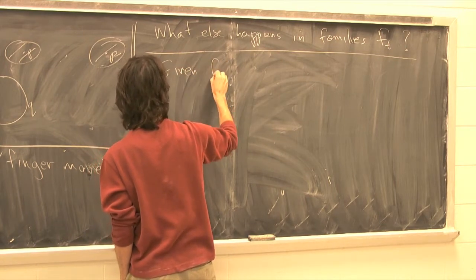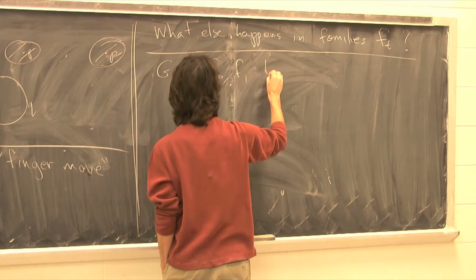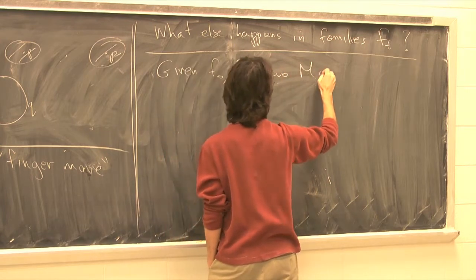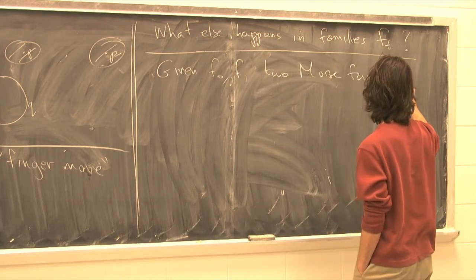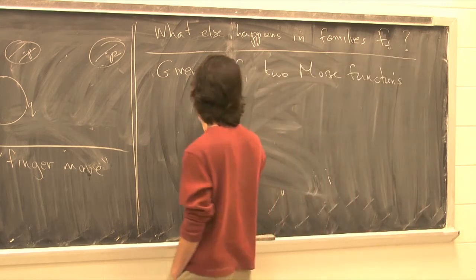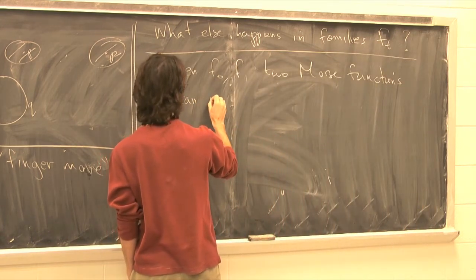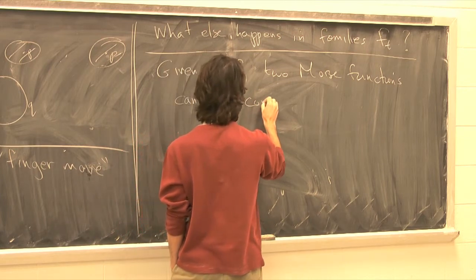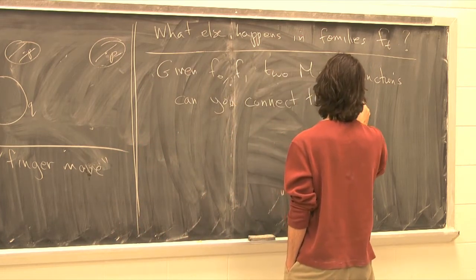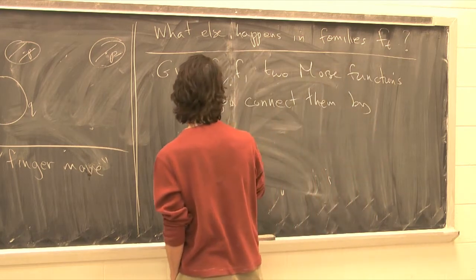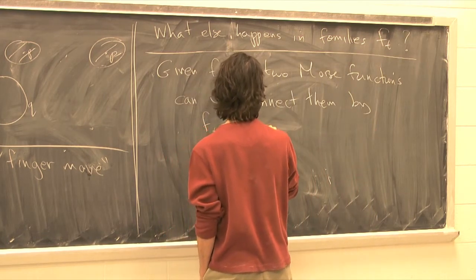I'm given F0 and F1, two Morse functions. The first thing you might ask is, can you connect them? Is the space of Morse functions connected? Can you connect them by F sub t, which is Morse for all t?